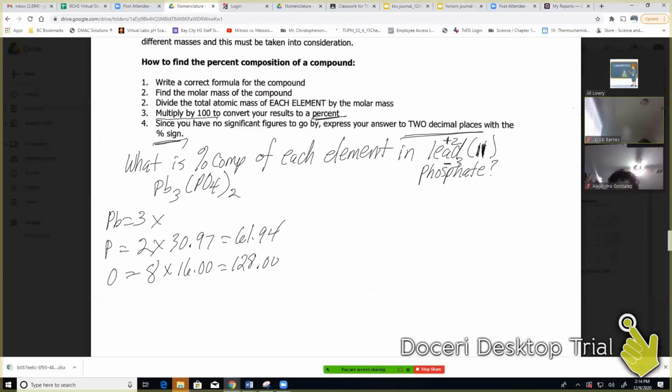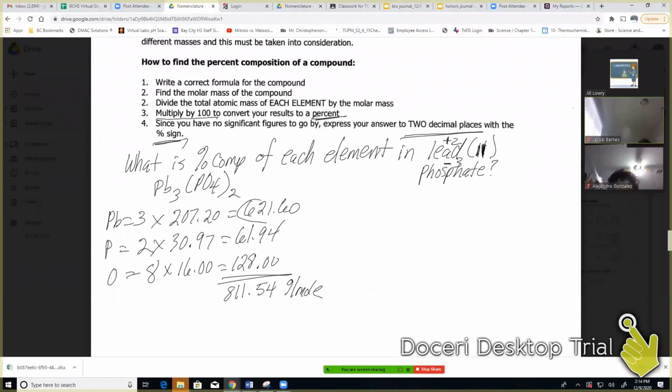And lead is pretty heavy at 207.20. So you get 621.60. Add them all up. 811.54 grams per mole. So that's kind of my first set of calculations, although it doesn't answer it. So we haven't done anything new yet.